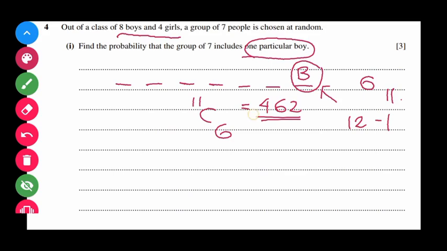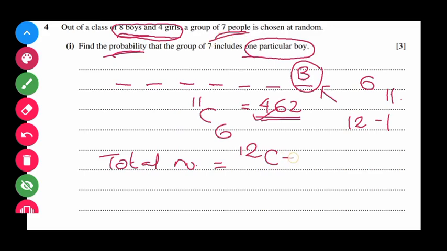This number is known as the favorable outcome. As we want the probability, we want now the total number. So total number is, we have totally 12 members, 8 boys and 4 girls. From 12, we need to choose 7 people.